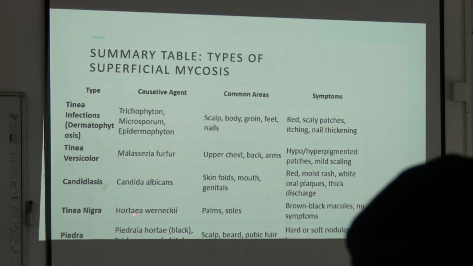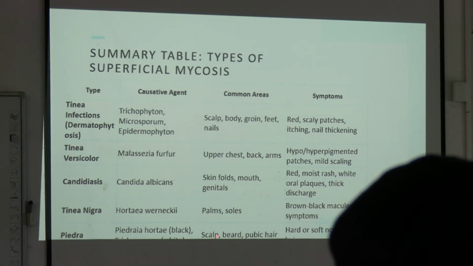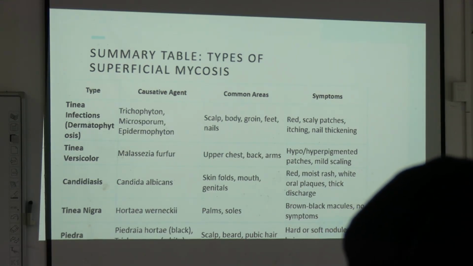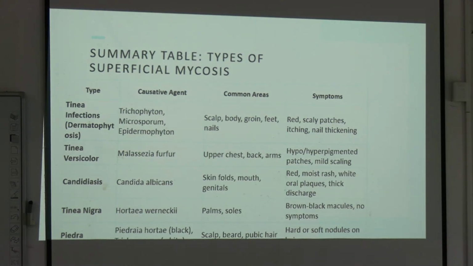Tinea Nigra, Hortaea werneckii: palms and soles getting dark brown-black macules but no symptoms. It is non-itching. Piedra hortae, black, and Trichosporon: scalp, beard, pubic hair getting involved, hard to soft nodules. So this is the summary of our types of superficial mycosis.